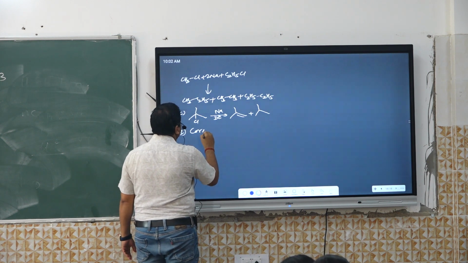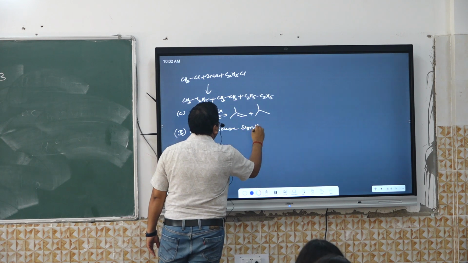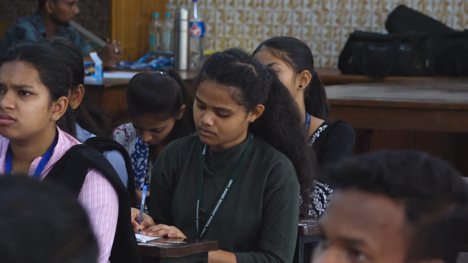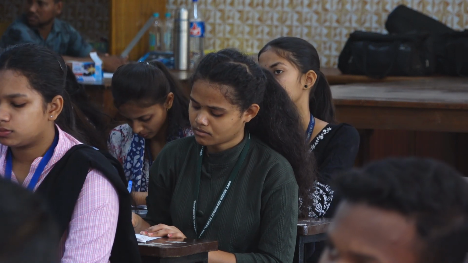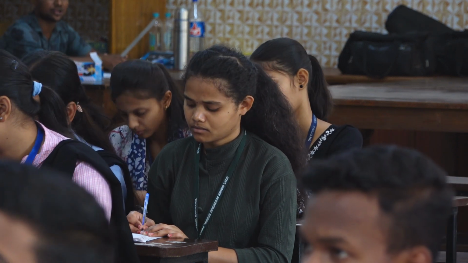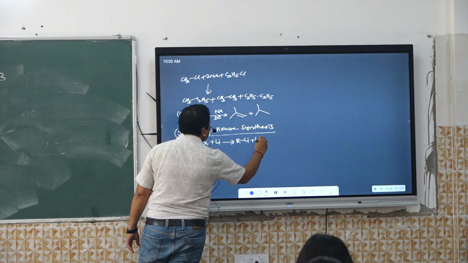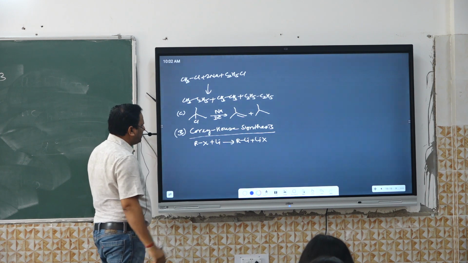Corey-House synthesis. Do you know Corey-House synthesis? Okay. Here there is a sequence of reactions. We take haloalkane, but there is a sequence of reactions. First, lithium, so R Li plus LiX, this is the first step.